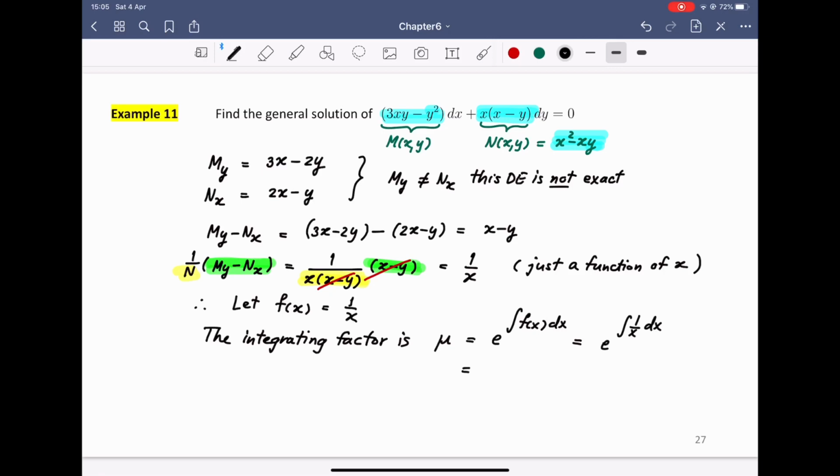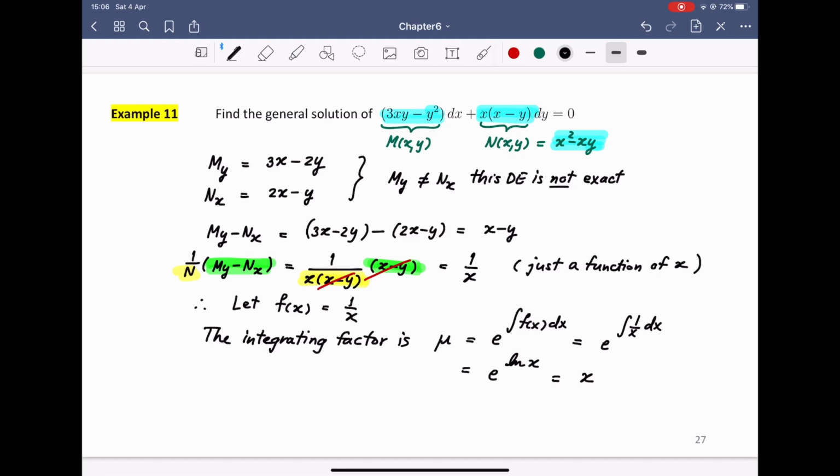Integrating 1 over x, I get log absolute x. Here, I'm going to ignore the absolute value a little bit, so just assume that x is positive, and also ignore the constant term. So I will have e to the log x, which is x. So our integrating factor for this question is mu equal to x.